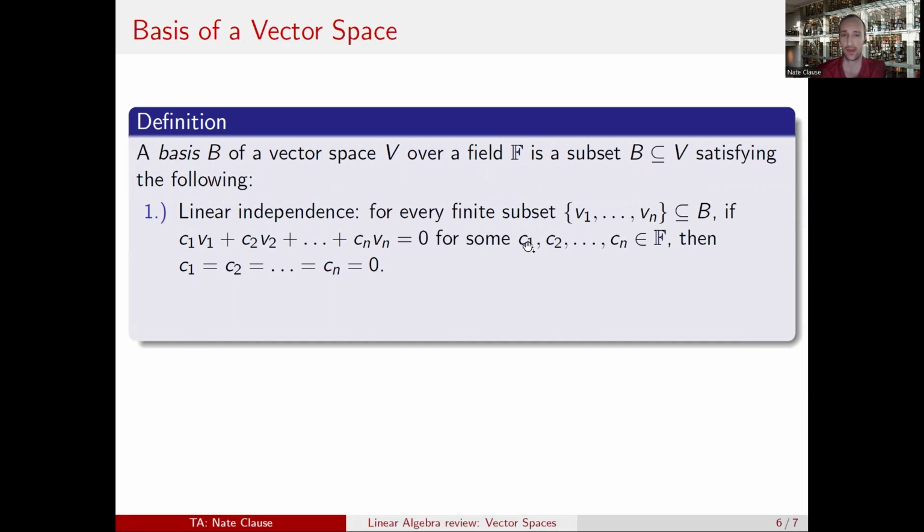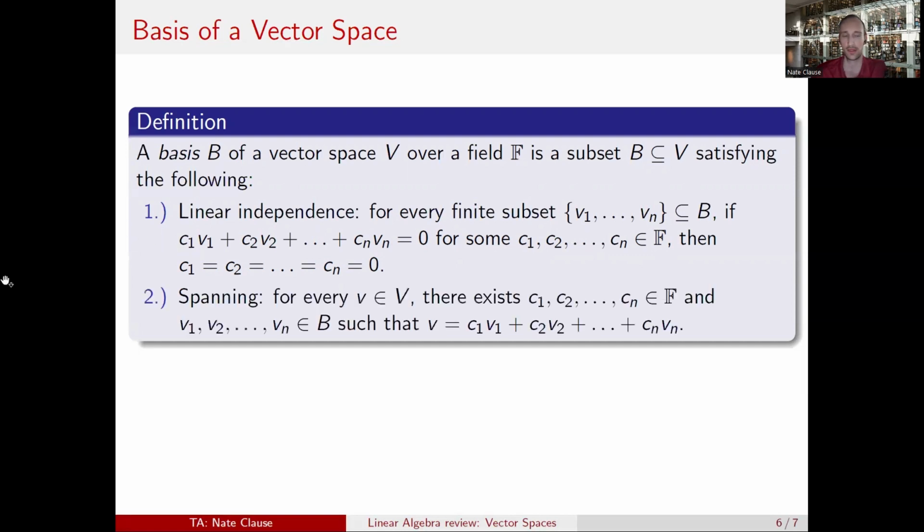This says that for every finite subset, v1 through vn of the basis, if we have some linear combination, c1 v1 plus c2 v2 plus ... plus cn vn, equals 0 for some scalars c1 through cn in our field, it must be the case that c1 through cn are all equal to 0. In other words, we can't add the vectors in a basis in any non-trivial way and get back to 0.